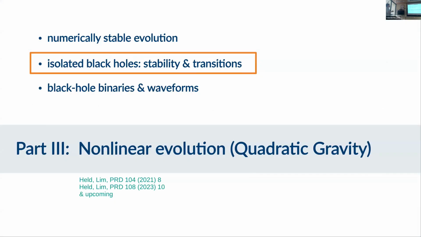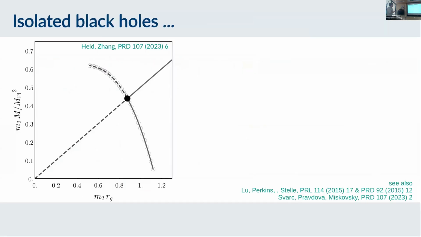And so now let's start looking at isolated black holes. There's a whole separate story about linearized stability, and I think Valentin is one of the experts. You can take the field equations and linearize them, and then you have to solve a quasi-normal mode type equation for the respective frequencies.